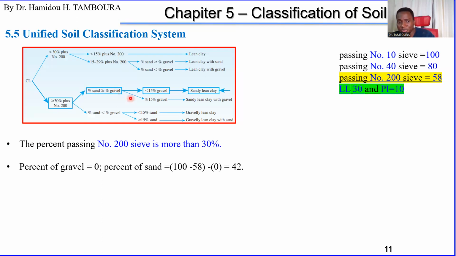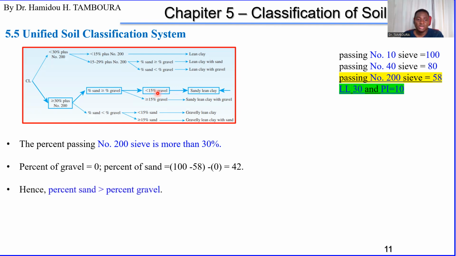Then we continue. Is the percentage of gravel less than 15% or larger than 15%? Since it is 0, it means we are here, less than 15%.